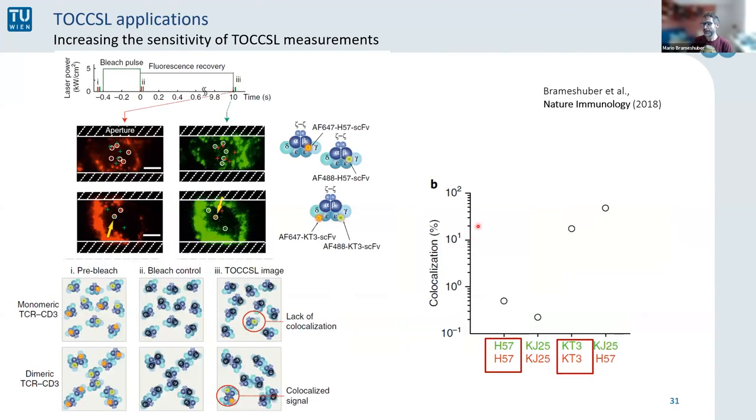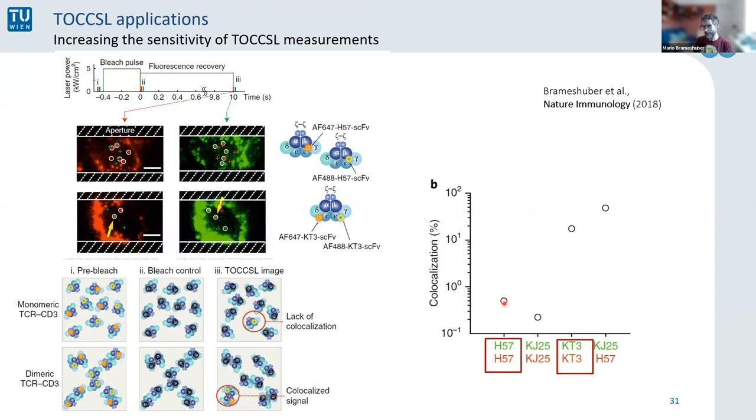And this is exactly what we then did for the T-cell receptor complex. To do these two-color experiments, and just to show you the results, this was again done for the beta subunit. We labeled with Alexa 647 and Alexa 488 dyes. If you look for colocalization events across many different cells, we ended up with colocalization of around 0.4%.